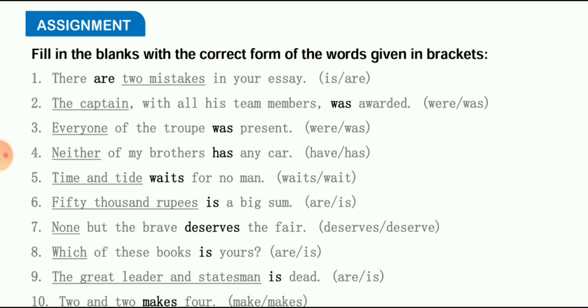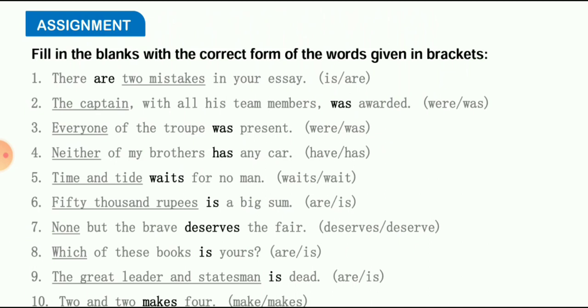Actually the subject is the captain, which is singular, so we will use the singular helping verb "was". Everyone of the troop is plural, but everyone is the subject, so we will use the helping verb "was". Neither of my brothers is plural, but the subject is neither, which is singular, so we will use "has".